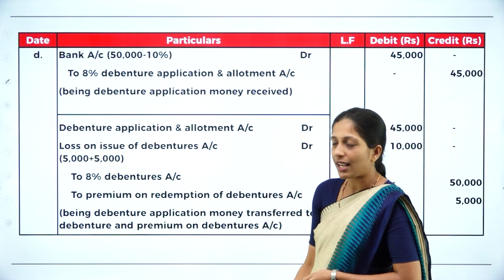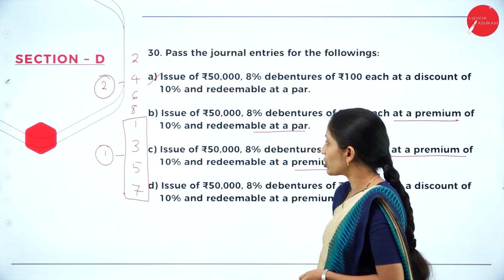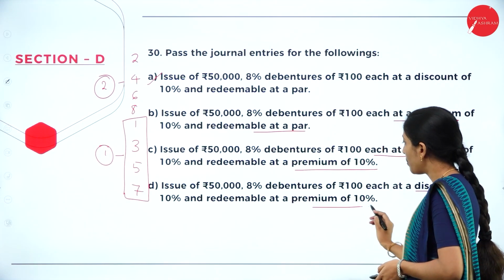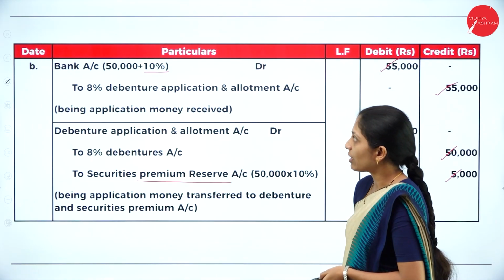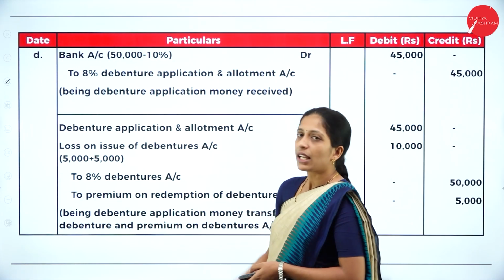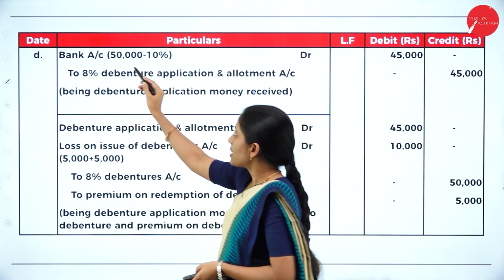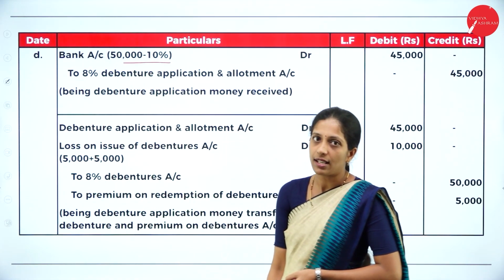Now coming to your next situation, that is your last situation: it is issued at discount and redeemed at premium. Let us see the entry for this. Bank account debit to 8% debenture application and allotment account. It is issued at discount, so 50,000 minus 10%.